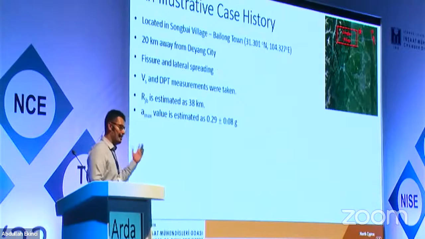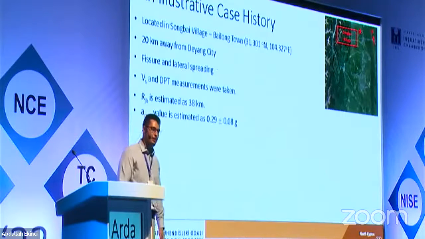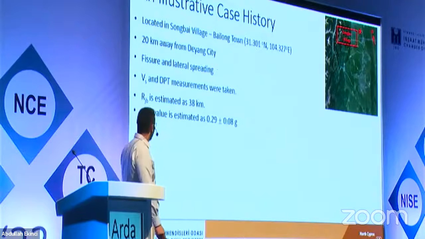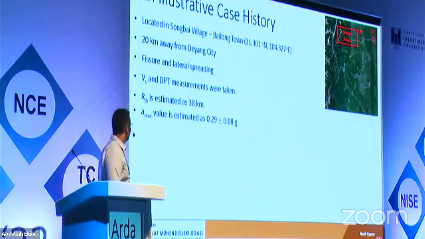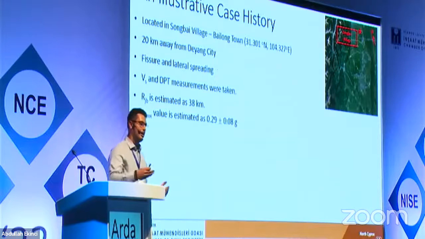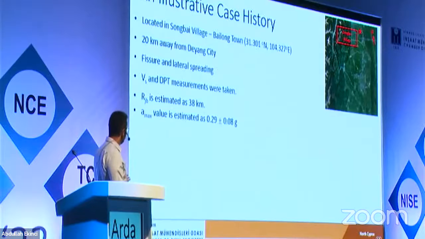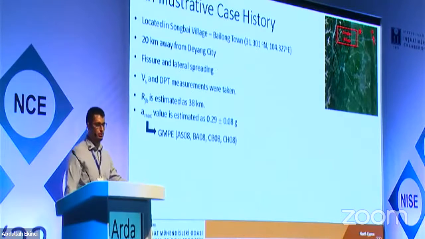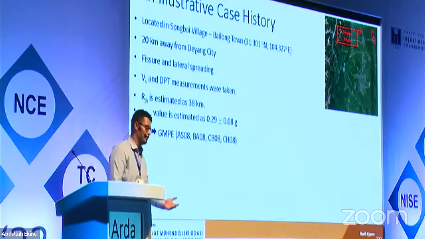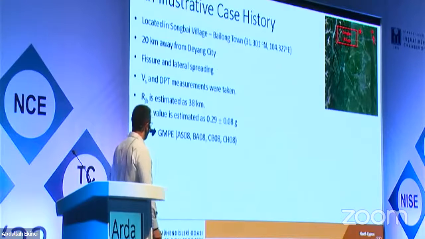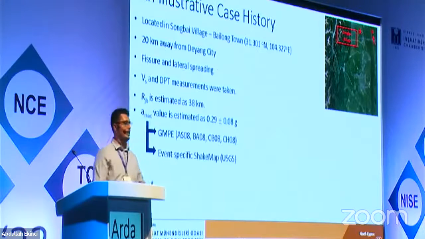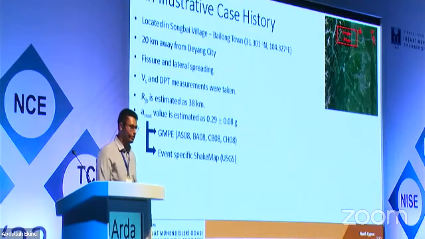In this site, VS and DPT measurements were taken. I estimated the Joyner-Boore distance as 38 kilometers by using the coordinates and also the stations in the site. By using this distance, I entered ground motion prediction equations from different researchers, and there also exists an event-specific ShakeMap presented by USGS.